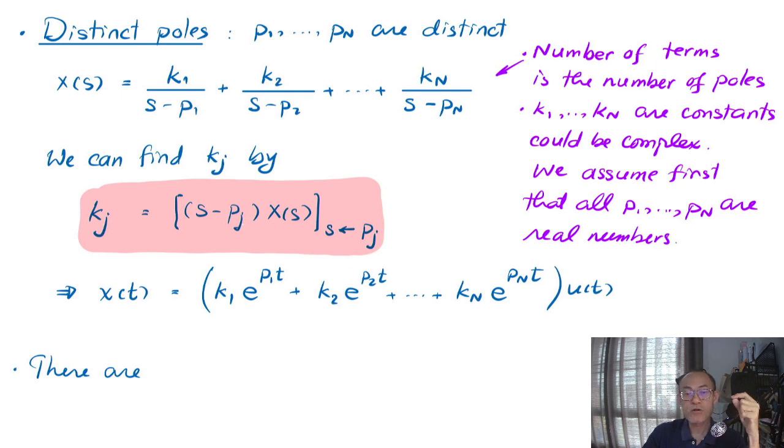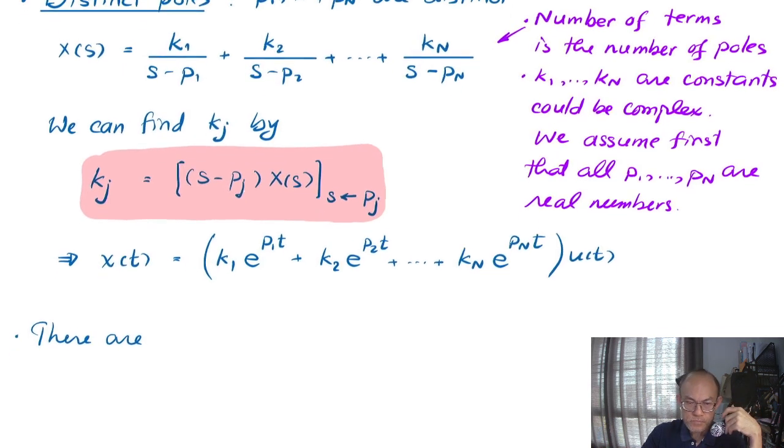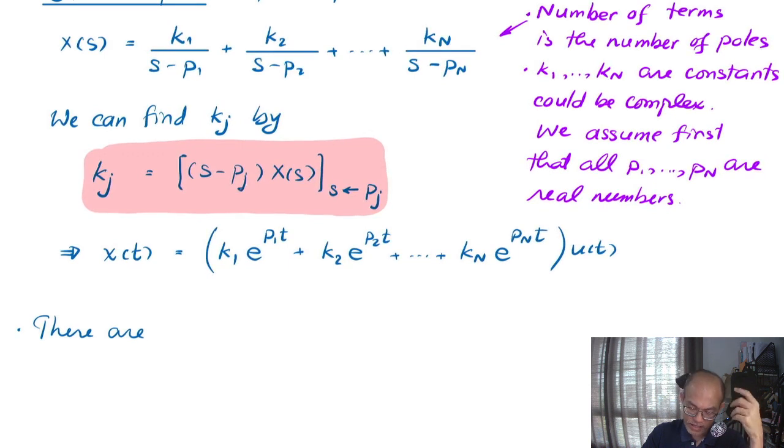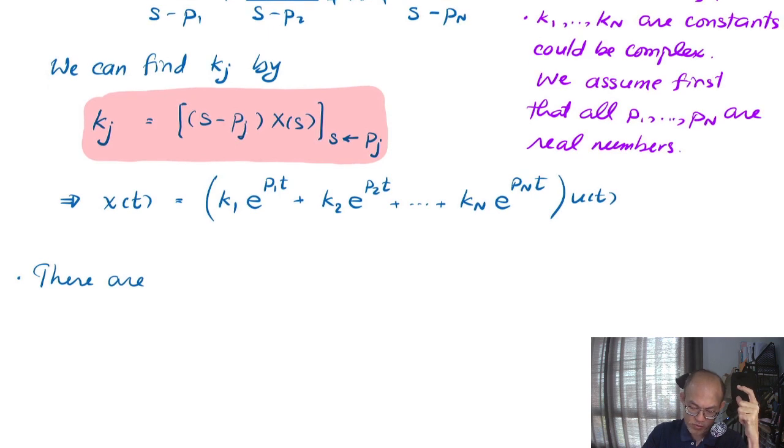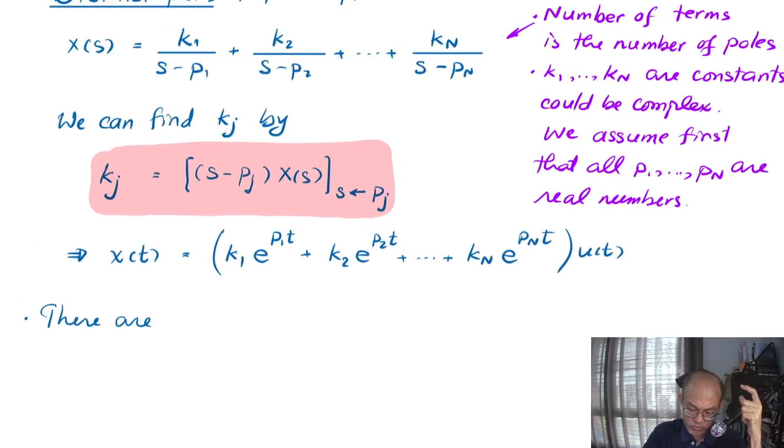So this is the general form in the time domain when all the poles are distinct. You'd have to find all the K's first before you can write down this equation. Now in the second case, there are repeated poles.